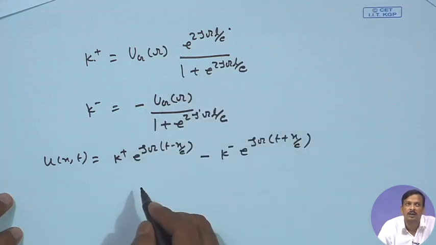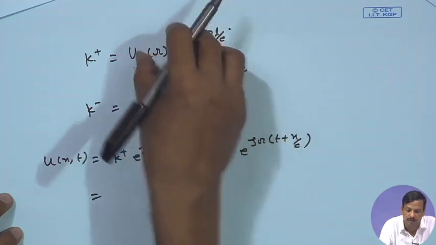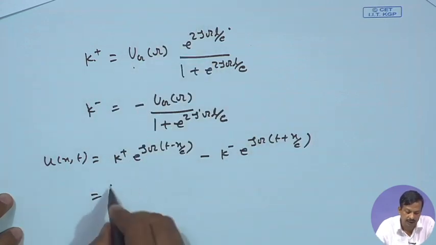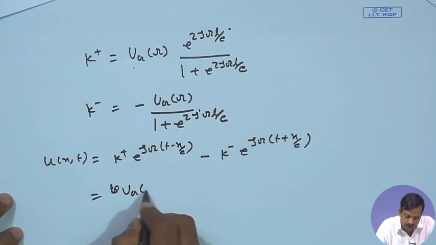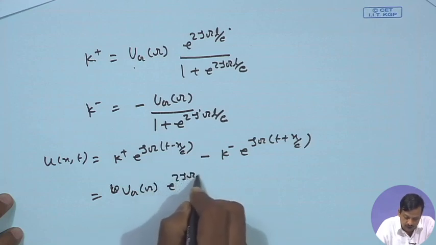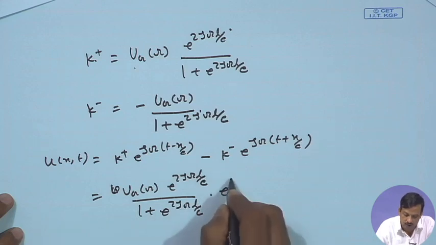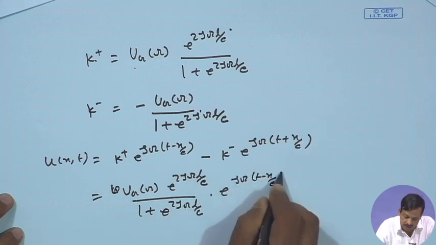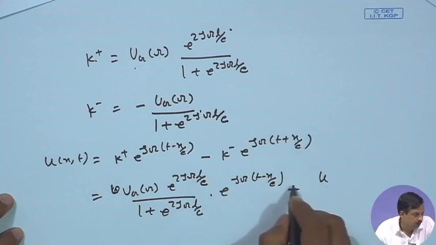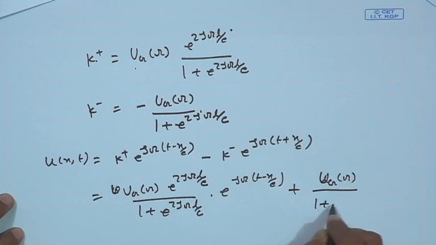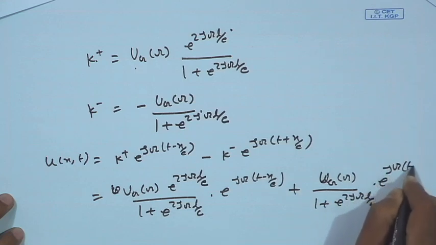Now, I put the value of k plus, which is u g omega e to the power 2 j omega L by c divided by 1 plus e to the power 2 j omega L by c, in here, and k minus in here. Then u g omega e to the power 2 j omega L by c divided by 1 plus e to the power 2 j omega L by c, into e to the power j omega (t minus x by c), minus minus 1, so plus u g omega divided by 1 plus e to the power 2 j omega L by c into e to the power j omega (t plus x by c).